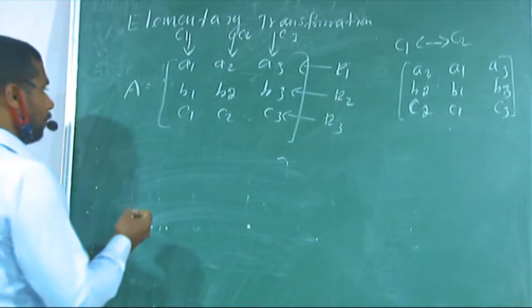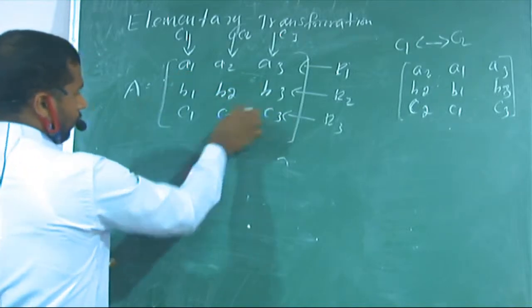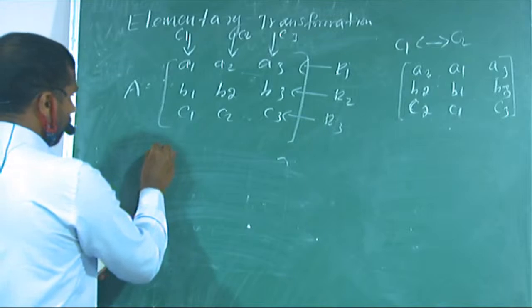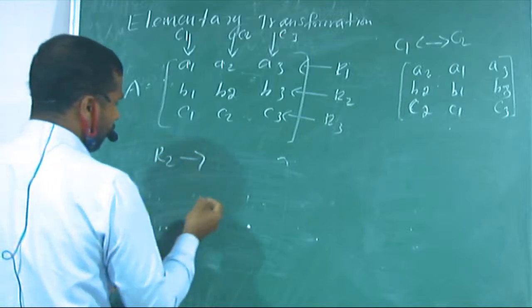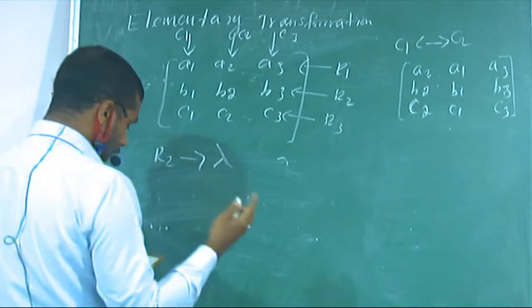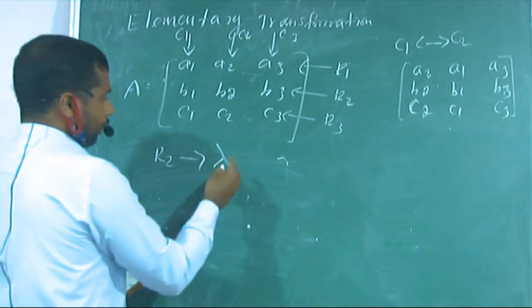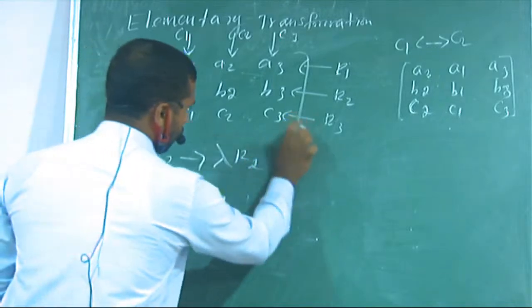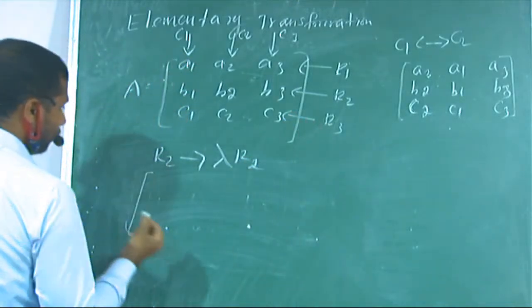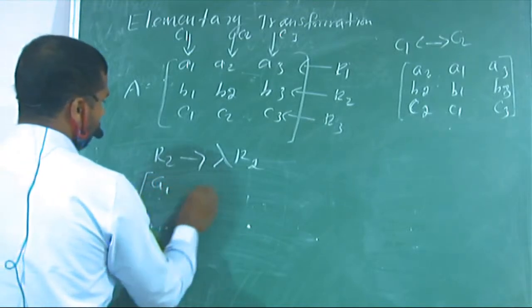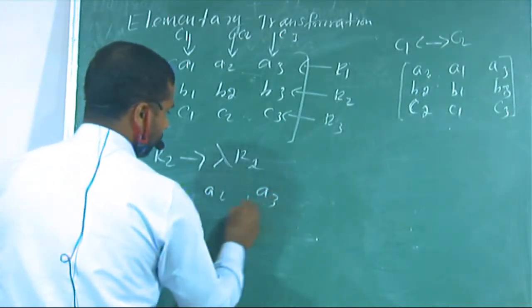Using the same 3 by 3 matrix, I will take R2 and a constant lambda. Lambda into R2 means R1 stays as it is: A1, A2, A3.